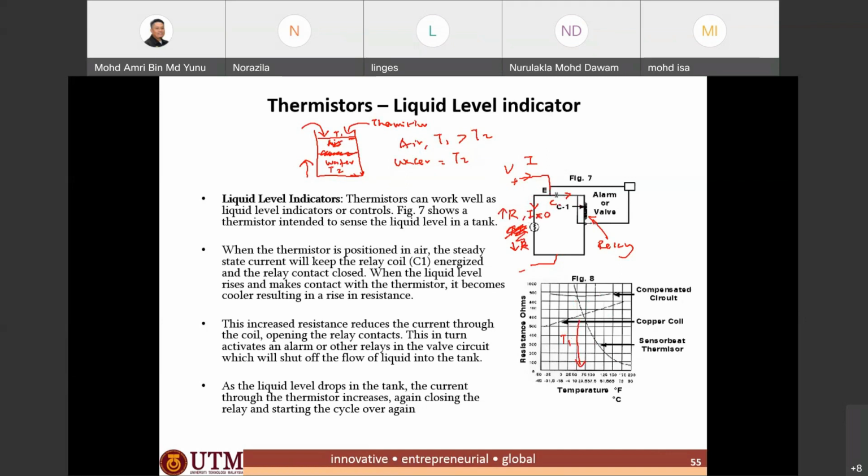More current will flow into the alarm circuit, the solenoid, so it energizes the relay. The alarm system will still be off when the water rises.